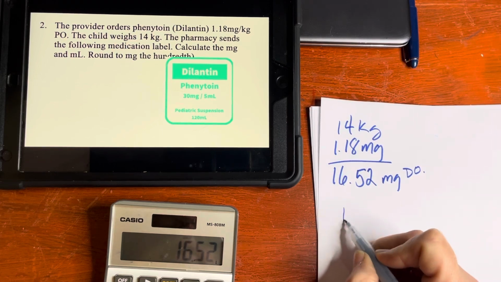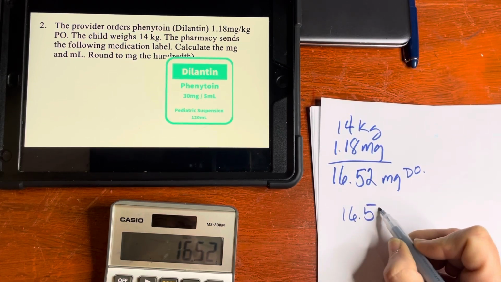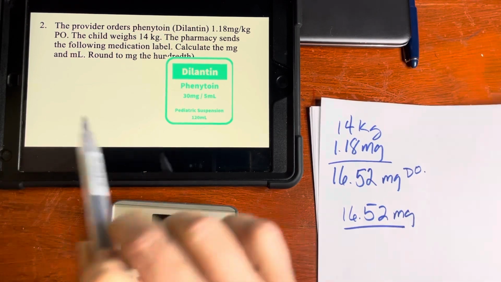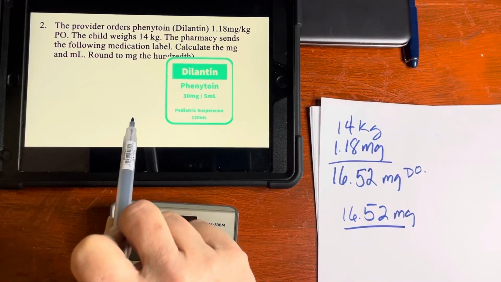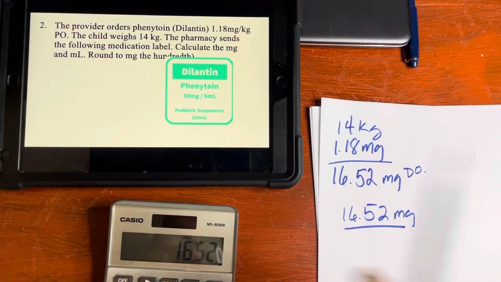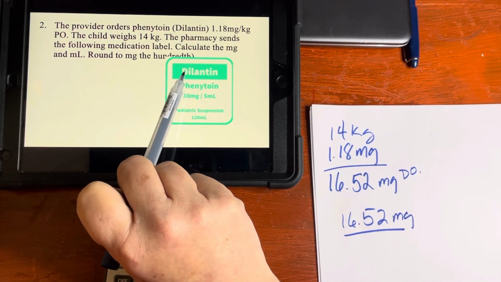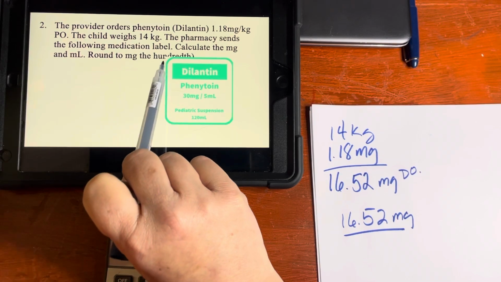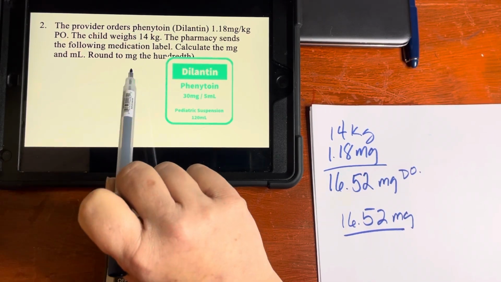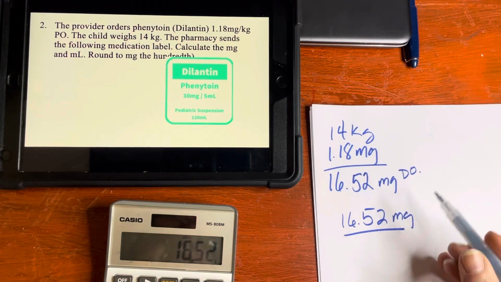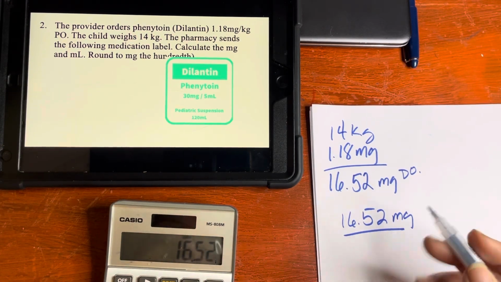So let's set up our formula. 16.52. Now we're following the directions that this Ethel put on these. Another Ethel somewhere on the planet may put round it to the tenths, and you have to follow directions. Yeah, you got to read them and you got to follow them.